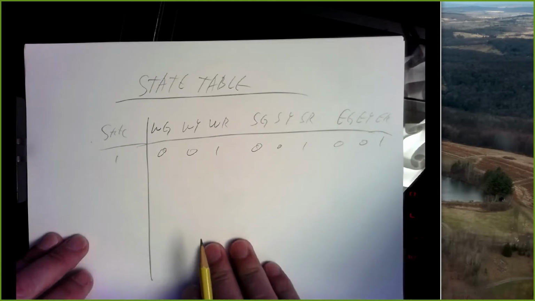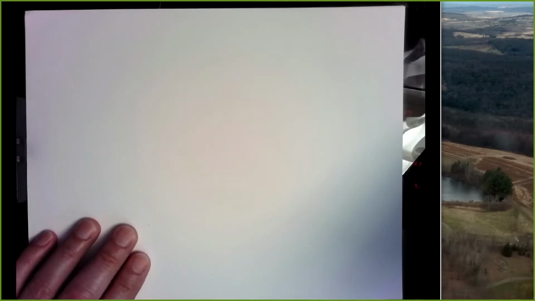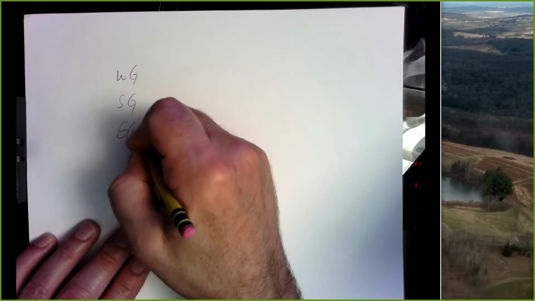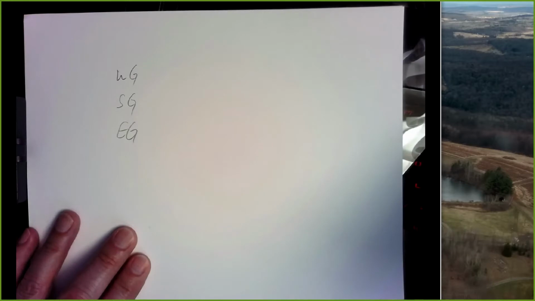So there's something easier we can do than a state table. At any given time, how many lights can be green? Just 1, right? So we could have west green, we could have south green, we could have east green. And if there's a yellow light, can any lights be green?